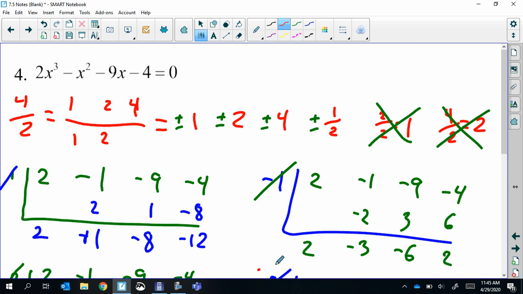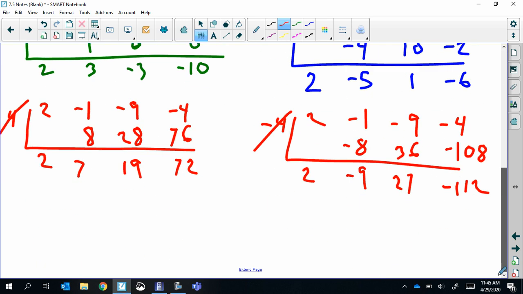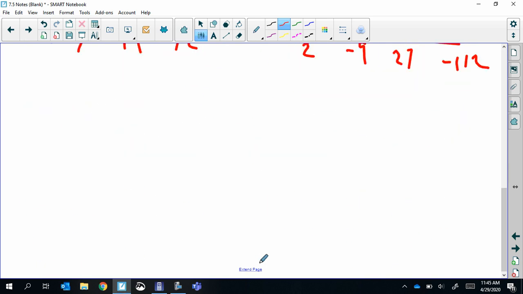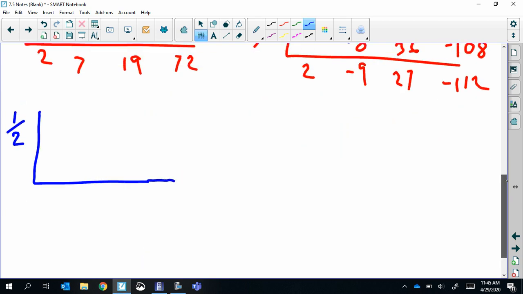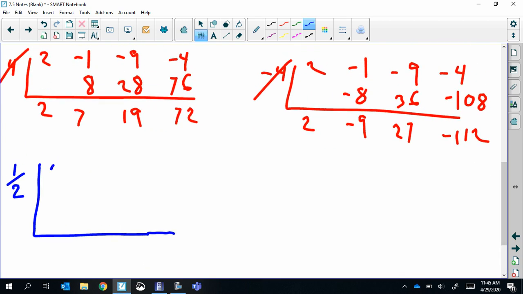So, synthetic division with a fraction. We haven't actually done that in an example yet, but it works the same way. It just gets a little bit weird when you're multiplying. All right, so our coefficients. Really hoping this works the first time because I don't want to have to do it twice.